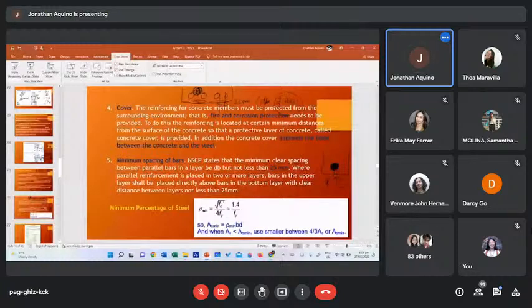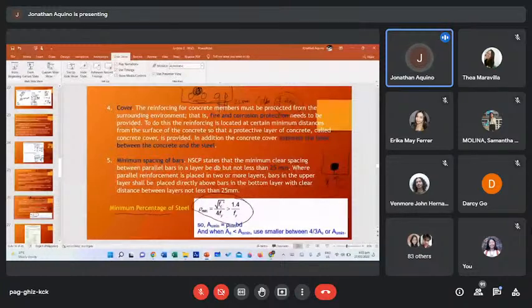Also, meron tayong prescribed by code na minimum steel percentage. So yung Romin natin is maximum between square root of f prime c over 4 fy or 1.4 over fy. So ito yung prescribed ng code na minimum AS natin. Okay?